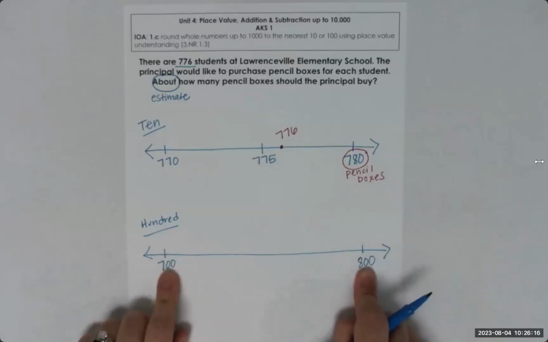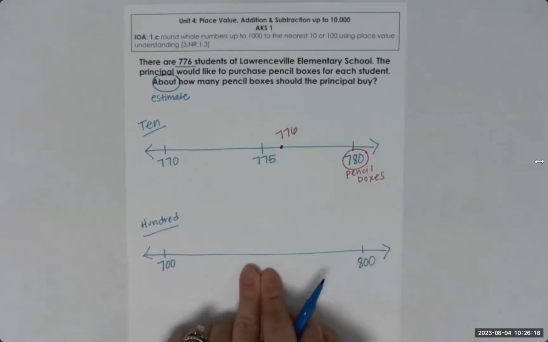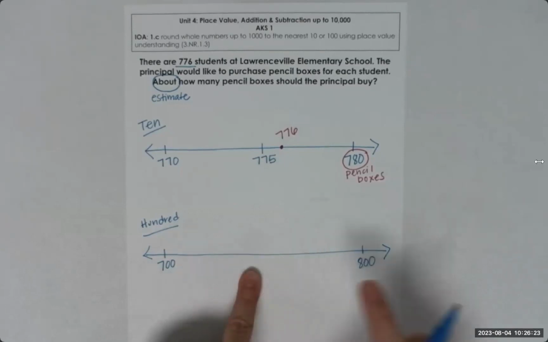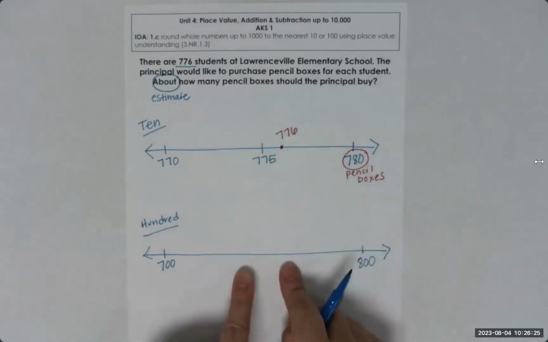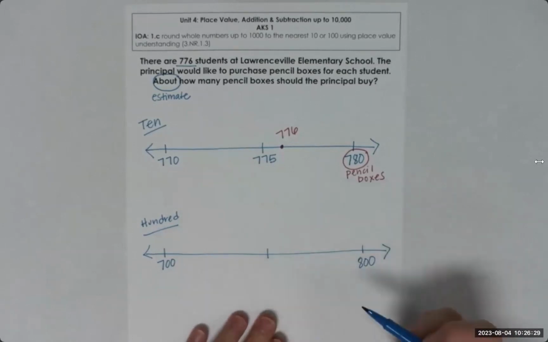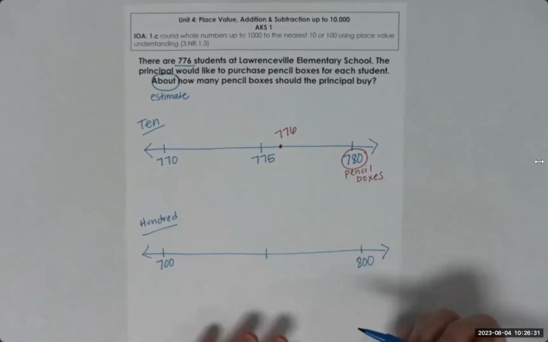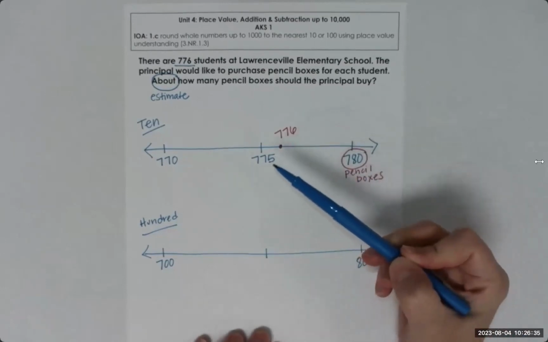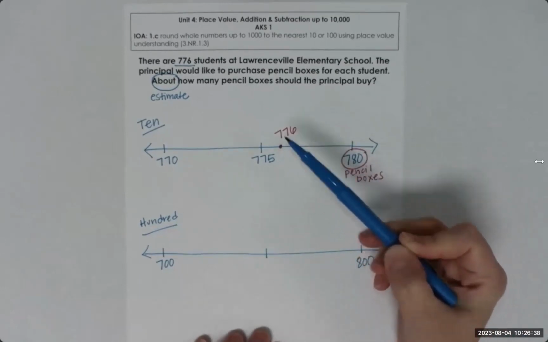Those are my benchmark numbers. Now I need to determine my midpoint before I can plot my actual value on the number line. My midpoint is halfway between 700 and 800. Some students might say 705. Why would they say that? Because we used 5 in the ones place here.